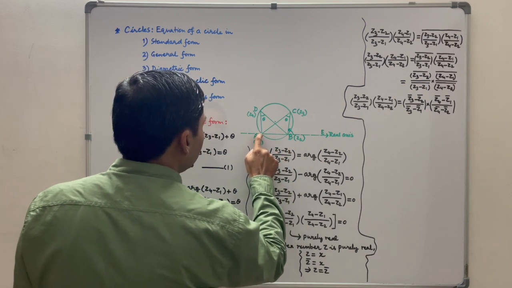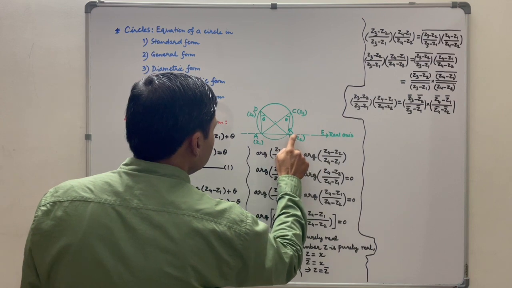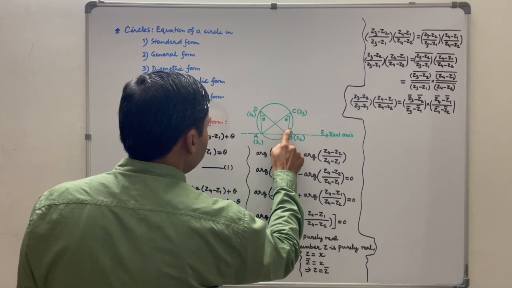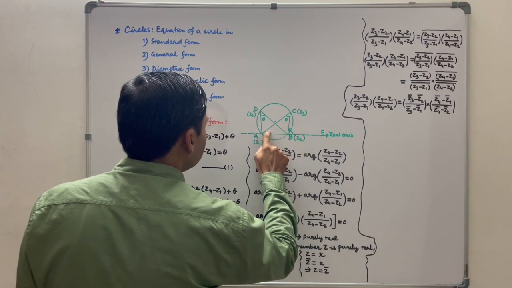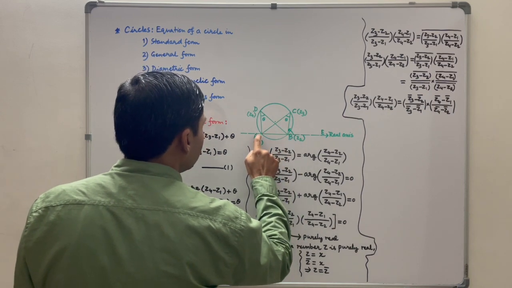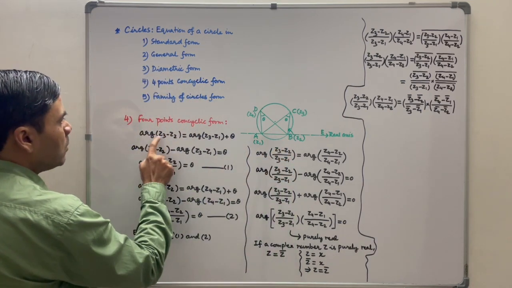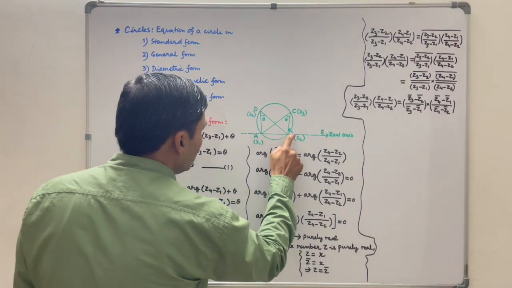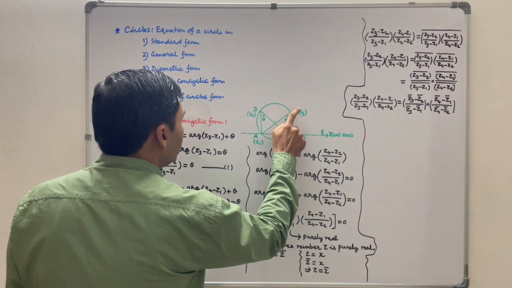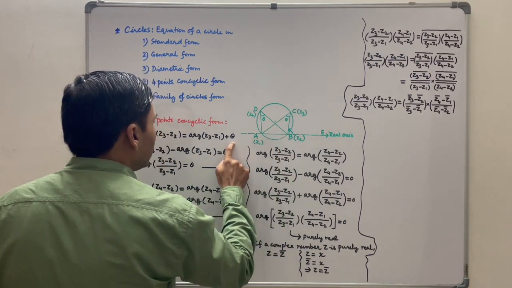Now consider triangle ABC. Angle CBE is an external angle, which will be equal to the sum of the opposite internal angles, that is angle CAB plus angle ACB. So we can write argument of (Z3 minus Z2) is equal to argument of (Z3 minus Z1) plus angle theta.